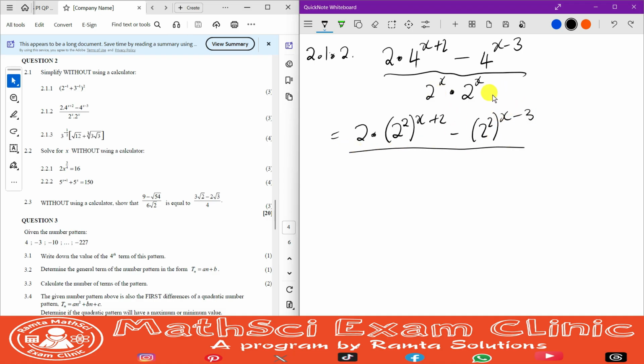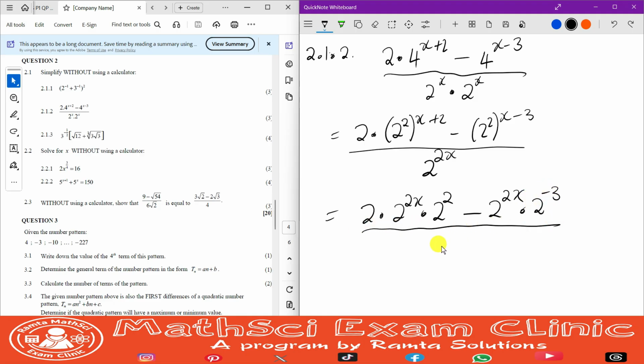In the denominator, once again, when bases are the same, we add exponents. This will become 2 to the power 2x. All right, x plus x is 2x. Proceeding, we have 2 times 2 to the power 2x times 2 to the power 2, minus 2 to the power 2x times 2 to the power negative 3, all over 2 to the power 2x.